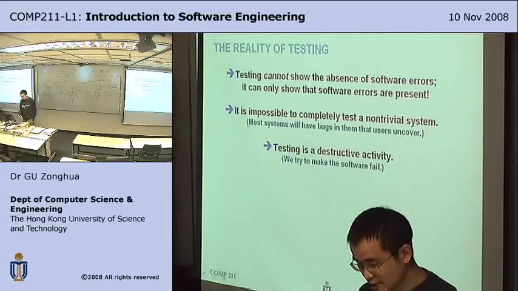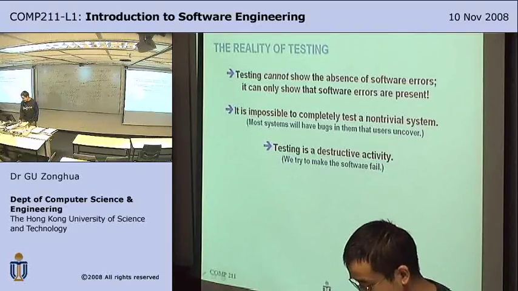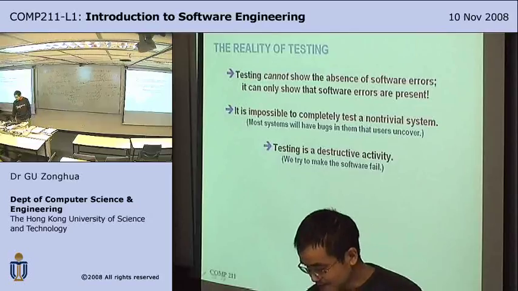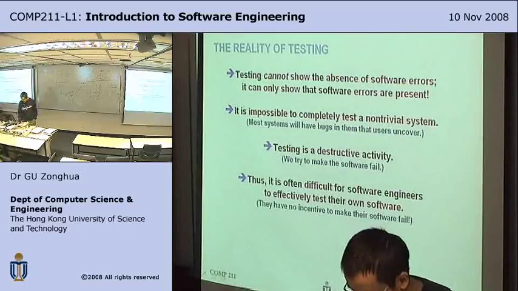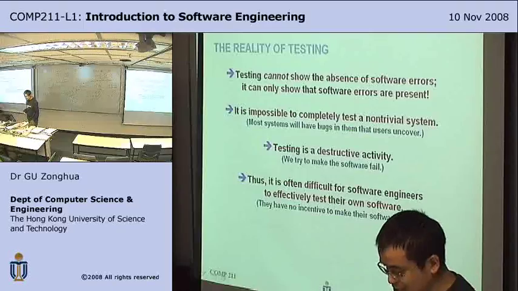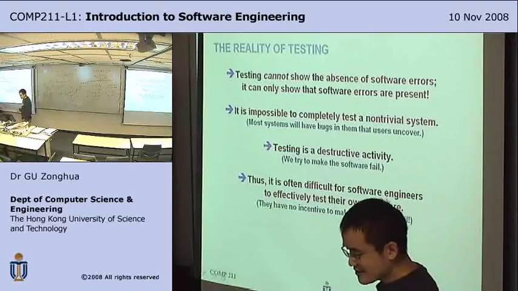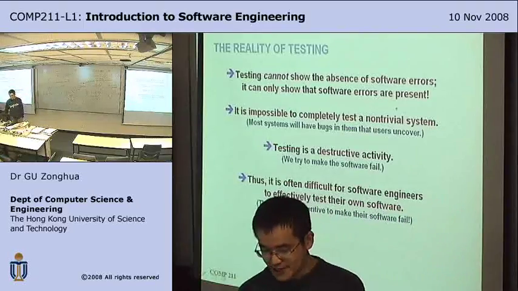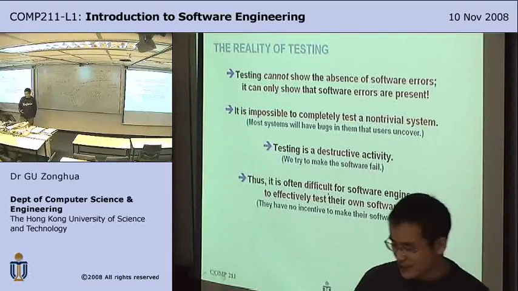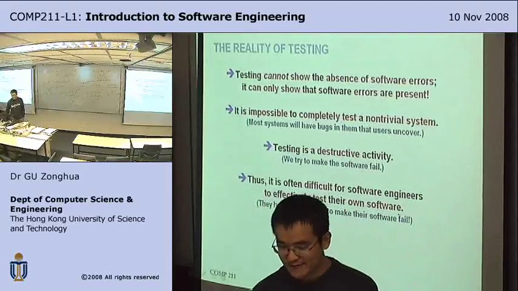Testing is a destructive activity. It tries to make the software fail. That is, testing is an attempt to break the software. So it's difficult for software engineers to effectively test their own software because they have no incentive to make their software fail.